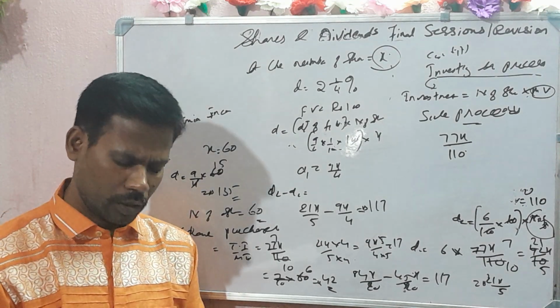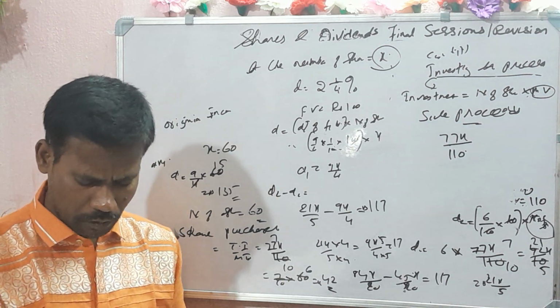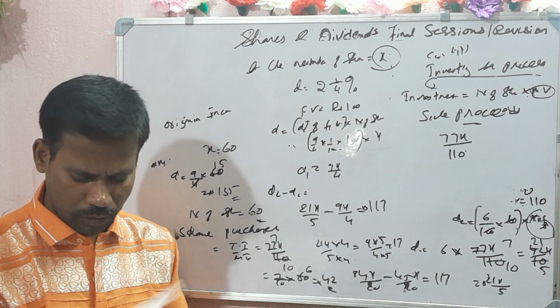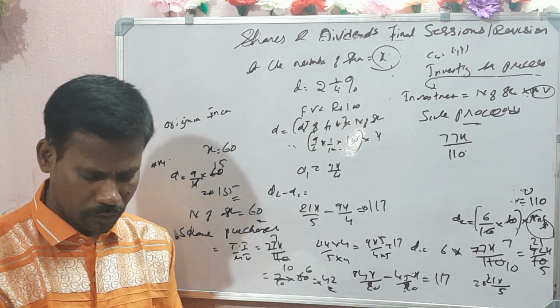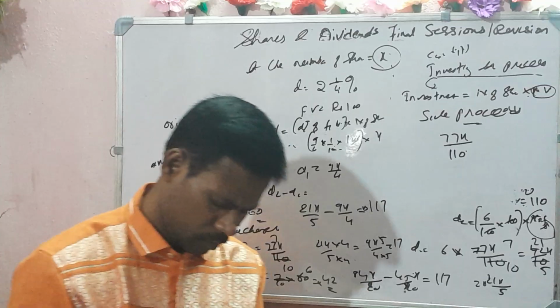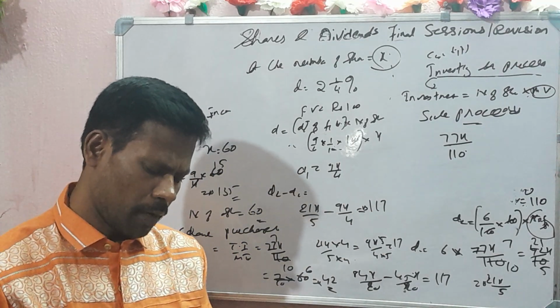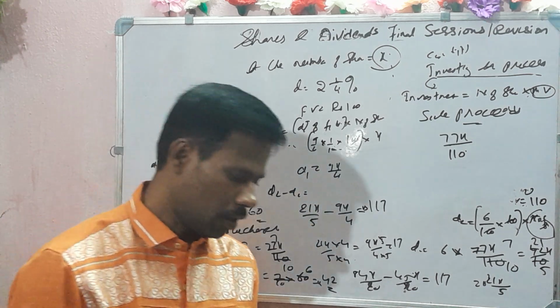Right. This is another one. And one more different problem is the last one. A person invests again. This is also a different type.